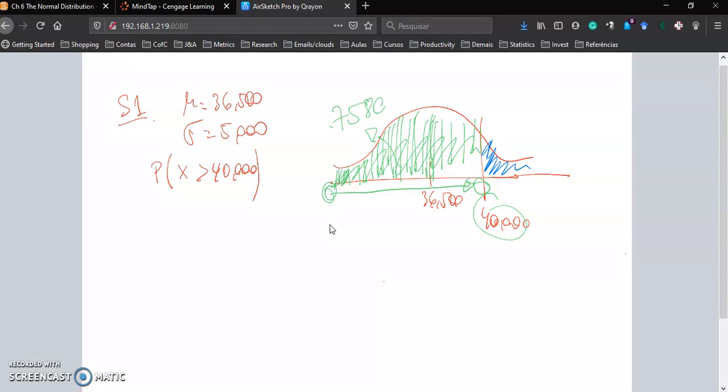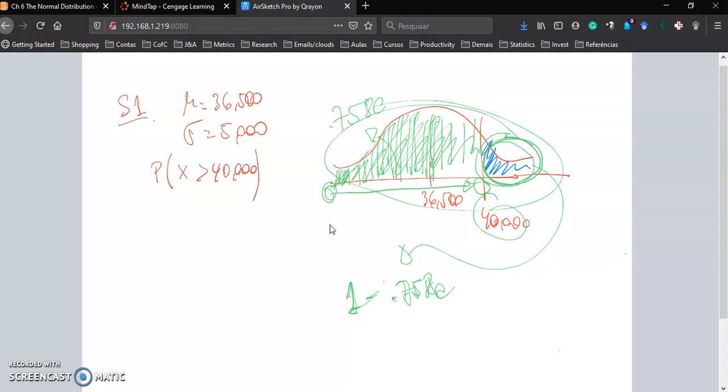So how can we find the probability in the upper tail? We have to subtract: 1 minus 0.7580. If I want to know the probability in the upper tail, I have to subtract 0.7580 from 1, because 1 is 100% of this figure. If I subtract this entire part here, what's left over is what I'm looking for.